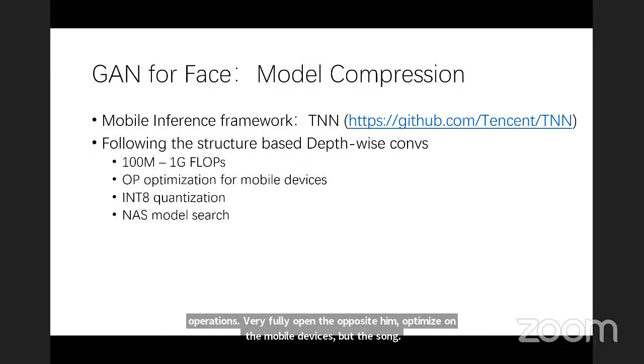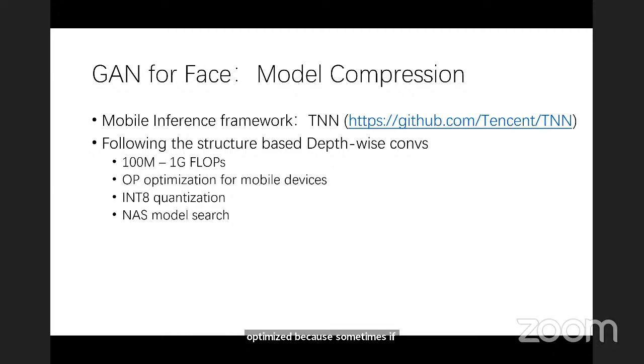So we should use the operators which are fully optimized, because sometimes a fully optimized operator can run maybe one order of magnitude faster than those which are not. So this is a very important part. Also, quantization is very important and very useful if you want to run on mobile devices. And in our example, we also use NAS to search for models which are better on mobile devices.